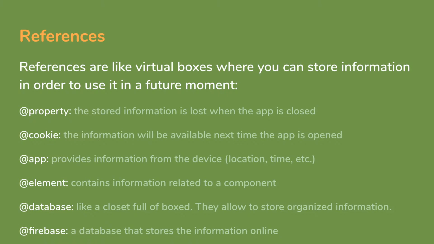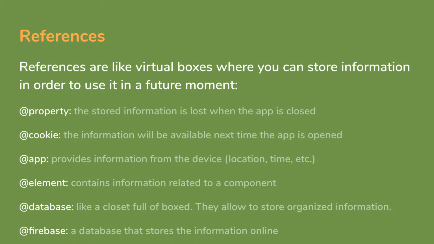So for example, imagine that you want to store the name of the user, or the age of the user, or any number or any text or anything. You could store that in a virtual box, and then maybe tomorrow if the user opens the app, you can still have that information. Or if you want to make calculations, you can store pieces of information and then combine them.